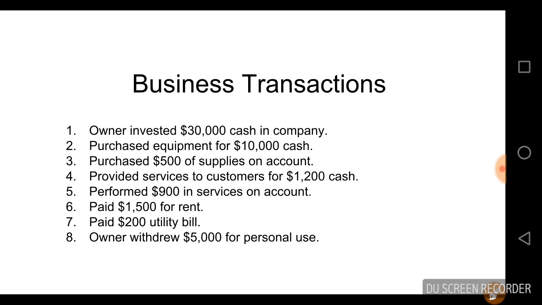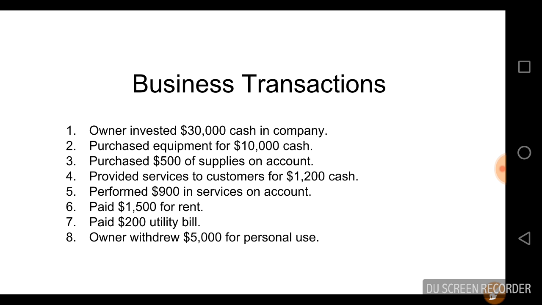It's important to remember that each transaction has a dual effect on the accounting equation, meaning that every business transaction will impact two or more accounts, whether those are asset accounts, liability accounts, or equity accounts. But every transaction will have an impact on two or more accounts.